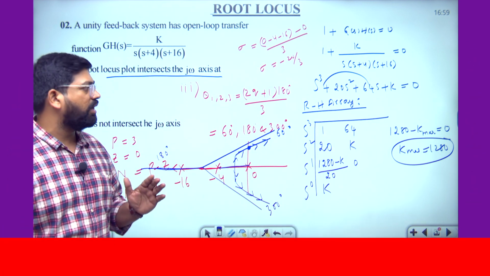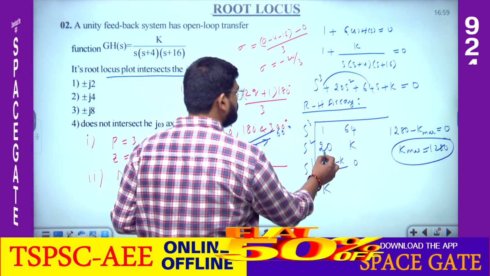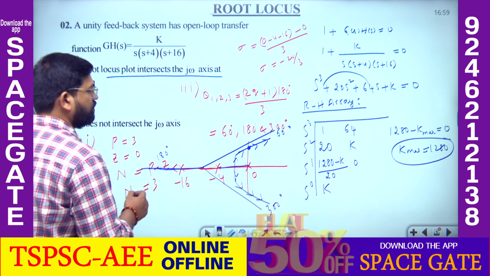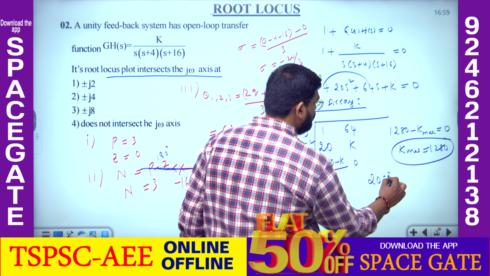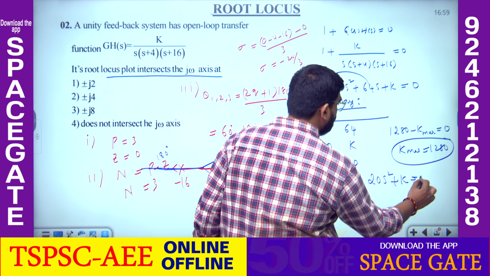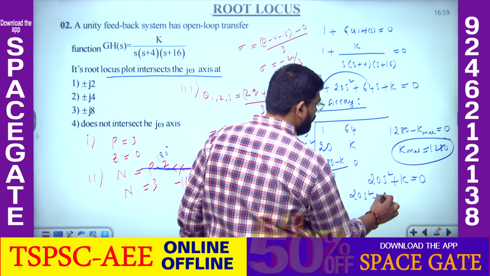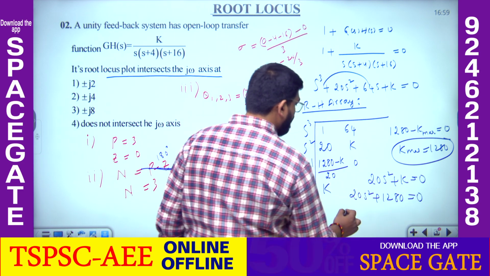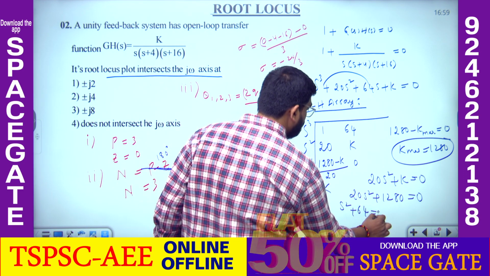Then how to get that exact point here? If you use the equation just above that, we call that the auxiliary equation. What is that? 20 s square plus k is equal to 0. If you use that, 20 s square plus 1280 is equal to 0, from here s square plus 64 is equal to 0.